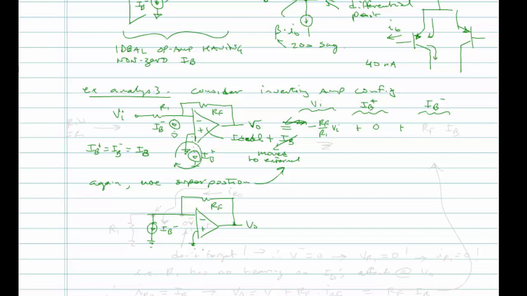And over to the left I have R1, but it's ground, and I'm grounding VI, right? R1. So this op-amp is ideal. Now you might think initially, this would be the natural thing to think, okay, I have IB minus flowing from this node right here, and there are two other resistors connected to that node.